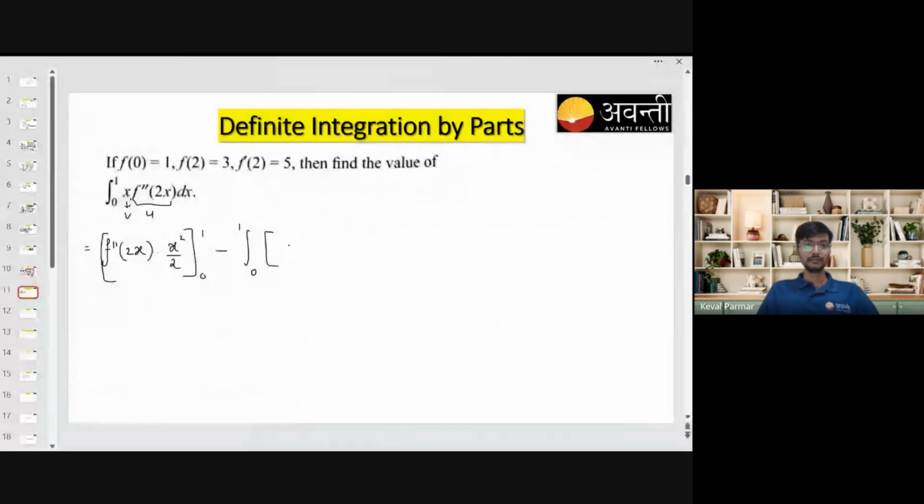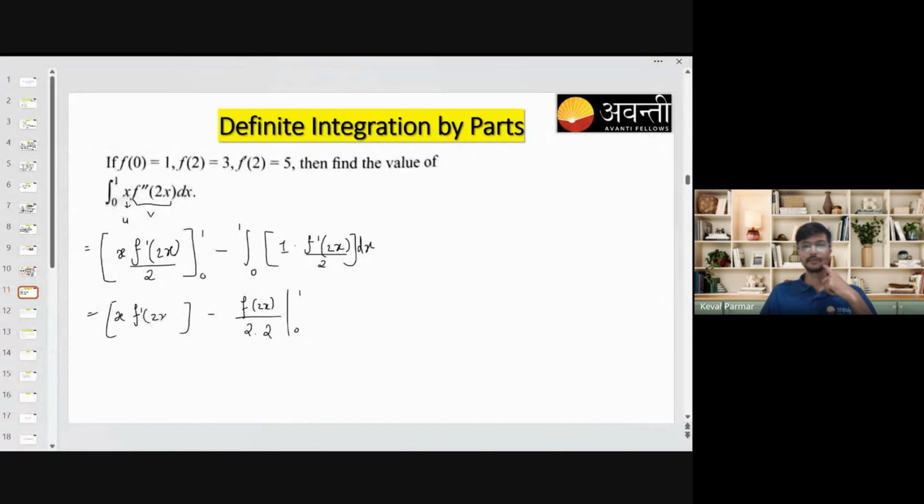Now, oh, I think, yeah, we took wrong U and V. Sorry, guys. You have to differentiate U and integrate V, guys. So U, integration of V. So f dash of 2x it will become. Minus derivative of U, which is 1, into integration of V, which is f dash of 2x dx. So we apply the upper limit minus lower limit simultaneously on both. 2x upon 2, we already there is 2, we can use.